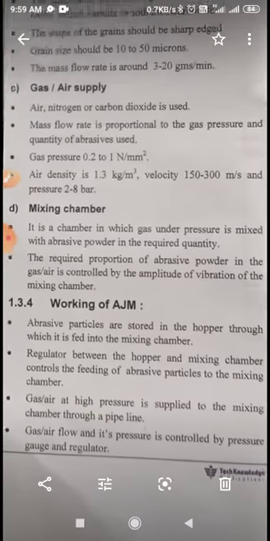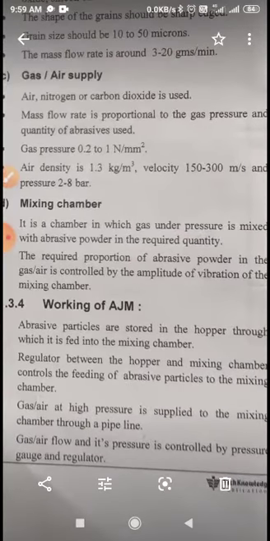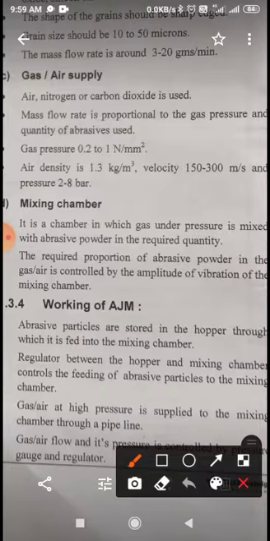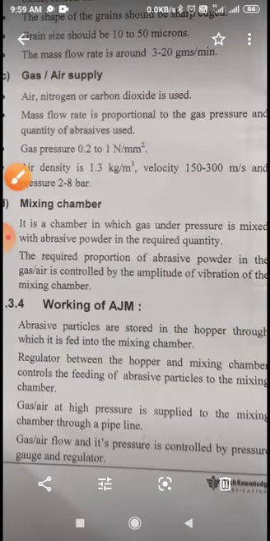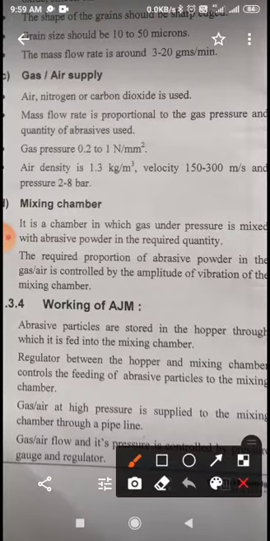Now let's see how the AJM actually works. Abrasive particles are stored in the hopper, through which they are fed into the mixing chamber. A regulator between the hopper and mixing chamber controls the feeding of abrasive particles to the mixing chamber.